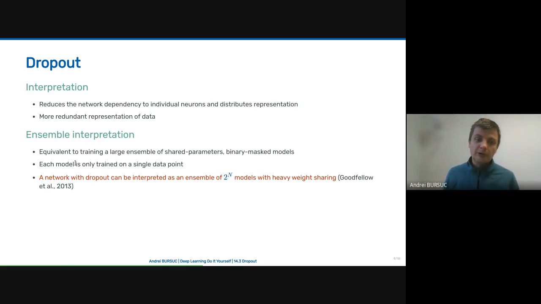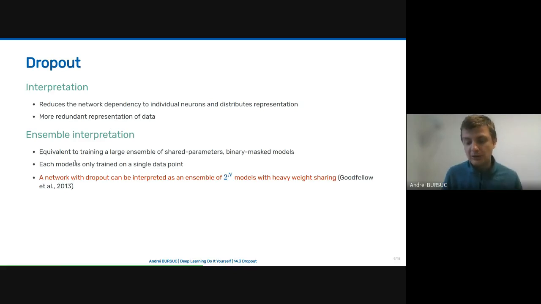So in Dropout, we also have this ensemble interpretation. Since each time we do a forward with different subsets of neurons, we can think that we have an ensemble of multiple sub-networks that are masked. When we say masking, it's selecting which neurons to deactivate or to keep alive.